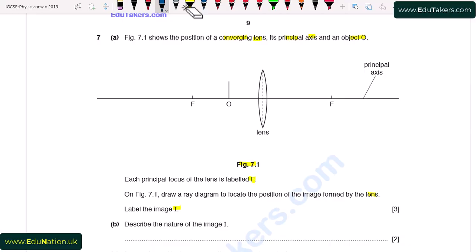There are basically three rays. The first ray is parallel to the principal axis, and after refraction by the lens, it passes through the principal focus F.